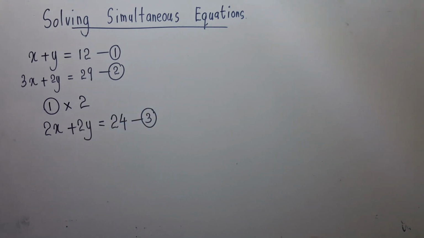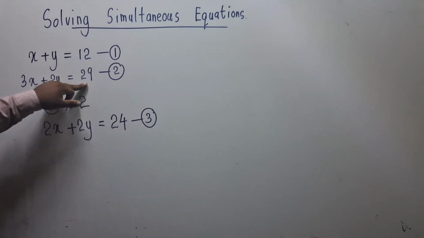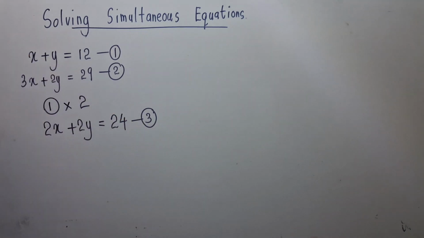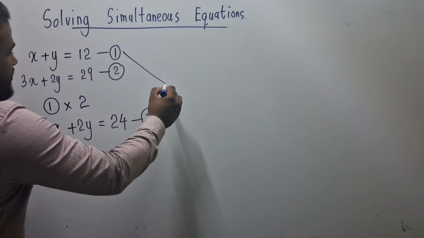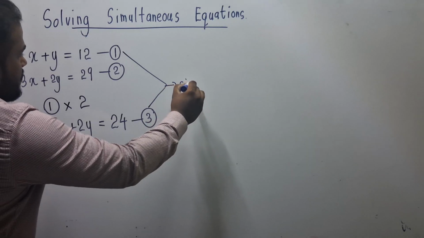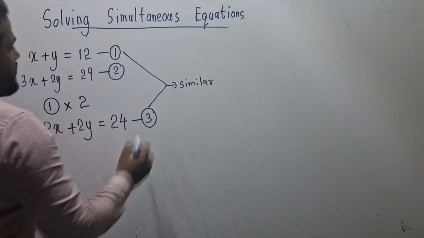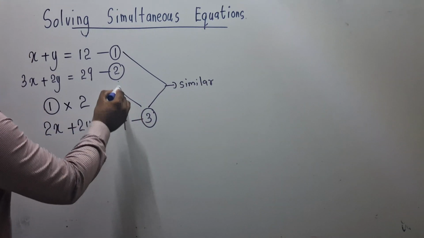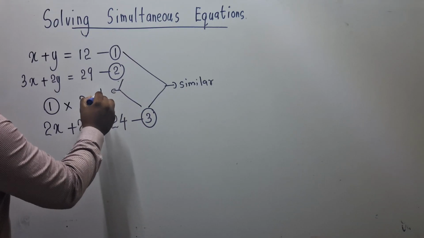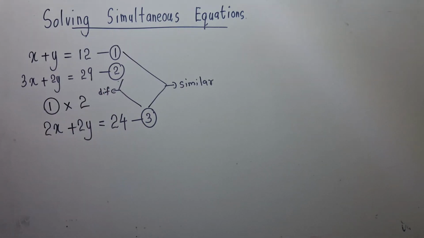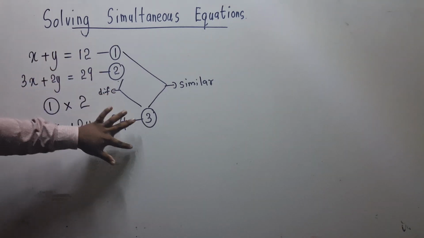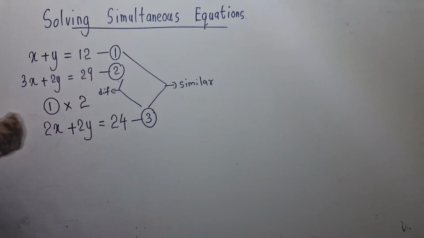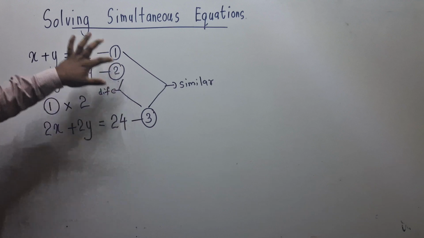Now when you see equation number 3, equation number 2 and equation number 1, these two are similar equations and these two are different. So I have to subtract using the second and third equations. I cannot use the third and first.